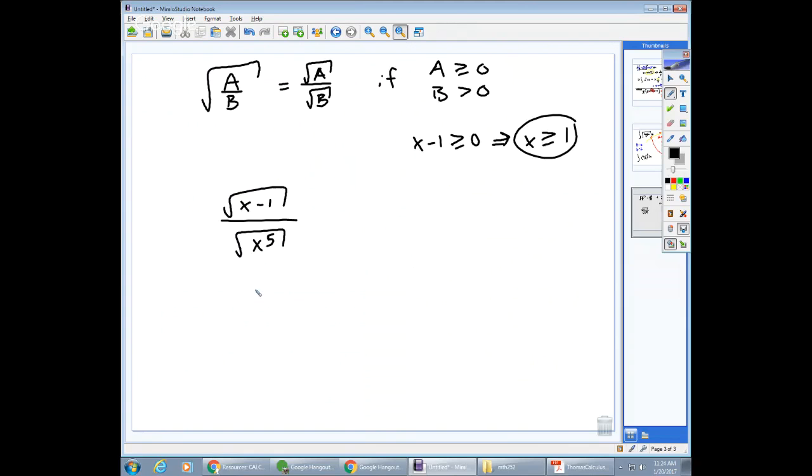Because x to the 5th could be thought of as x to the 4th times x. And so then we could say this is the square root of x minus 1. I'm not sure if this is going to help. The square root of x to the 4th is x squared times the square root of x. Ooh, that gives me an idea right there.